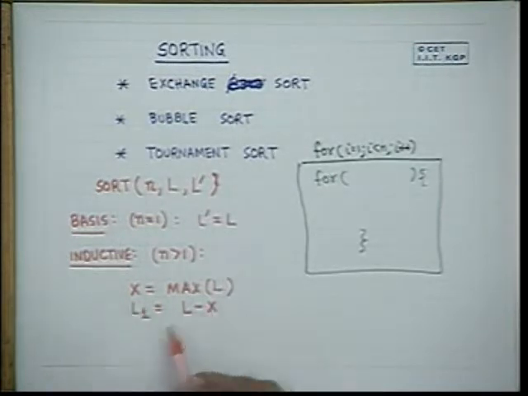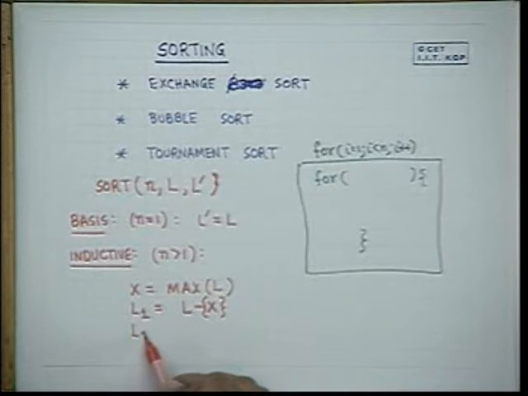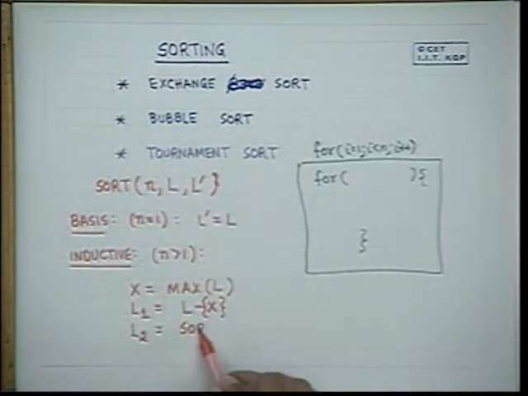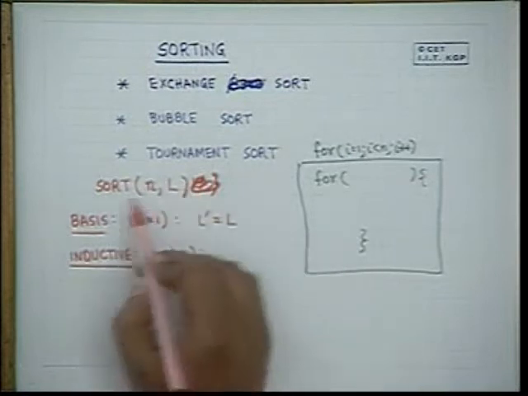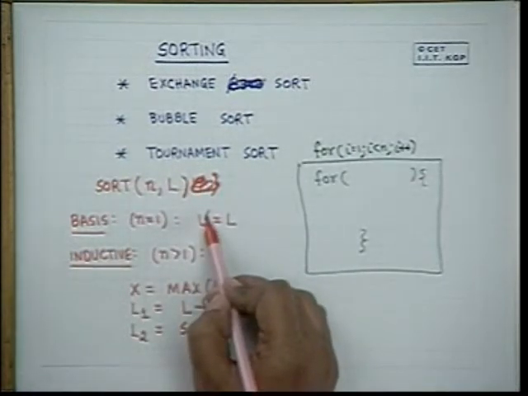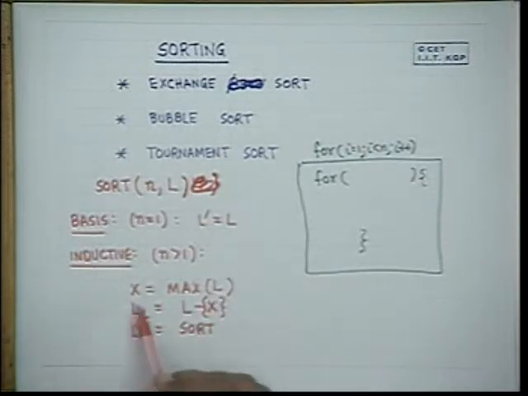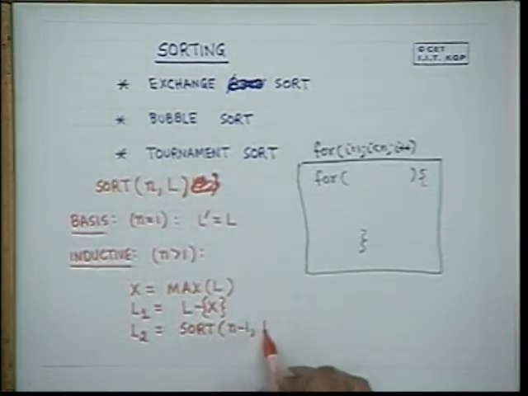All right. So if you write it this way, maybe it will look better. L2 is equal to sort. Suppose this returns L dashed. Okay, this returns a list of sorted elements, which is L dashed. So L2, you sort n minus 1 elements from which list?